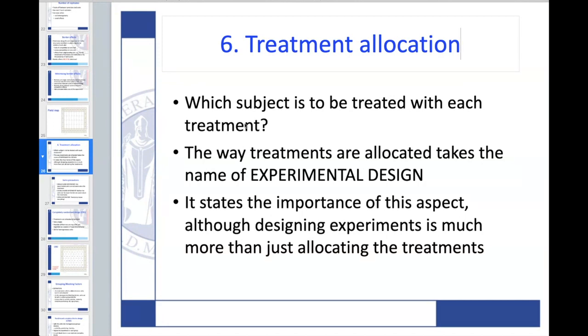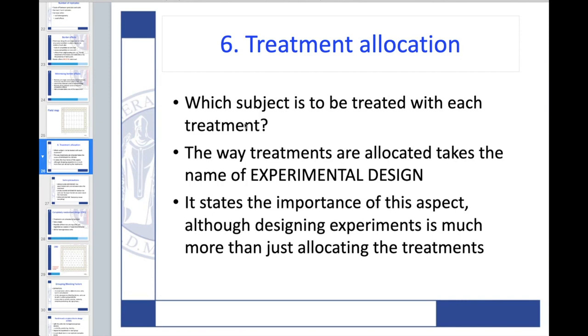Now, the allocation of treatments is really fundamental. And if you take the old books about the experimental design, they name this allocation of treatments as experimental design. So something as if the allocation of treatment was the only important item about experimental design.